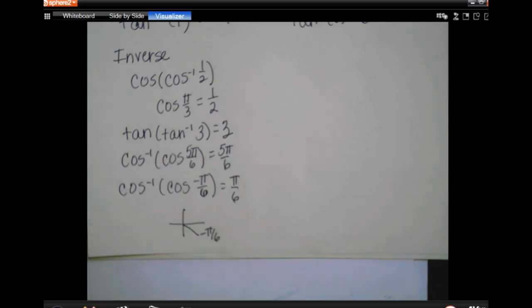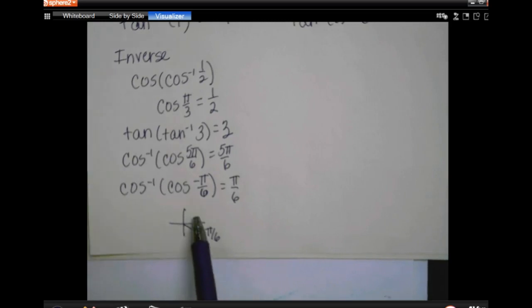It's on the blue sheet on the front also. So these are the restricted areas. Correct. For your cosine and for your sine and tangent. So this is not between it. But I know at my minus pi over 6, the cosine, the x is positive.